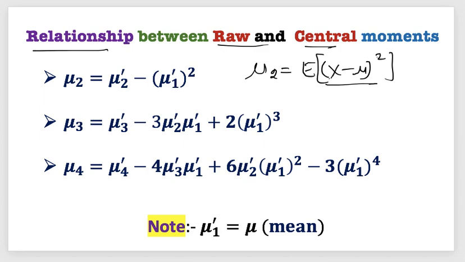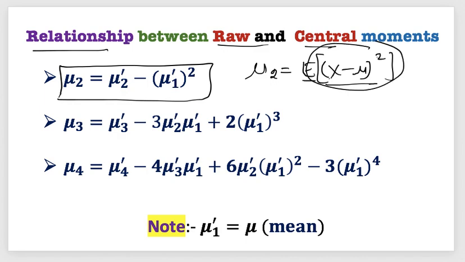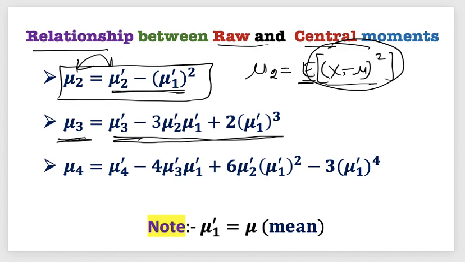When we write x square minus 2x mu plus mu square and then apply expectation and simplify it, we get this result. So before applying the summation and integration, we can open the power, apply expectation, and then write everything in terms of the raw moments. This way the relation can be established, right? This is the formula for the third moment, and this is the formula for the fourth moment.